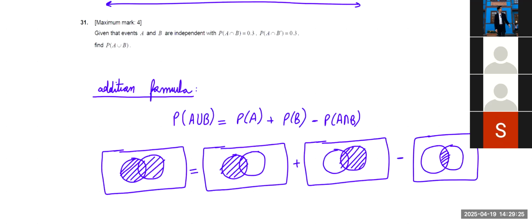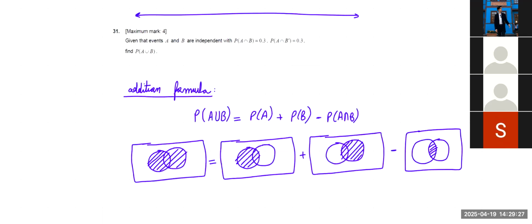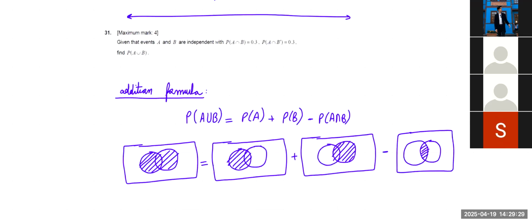So what would change in this addition formula if two events are mutually exclusive? The circles wouldn't be overlapping. So what would change in the formula then, mathematically speaking? Would any term be added or subtracted from here?